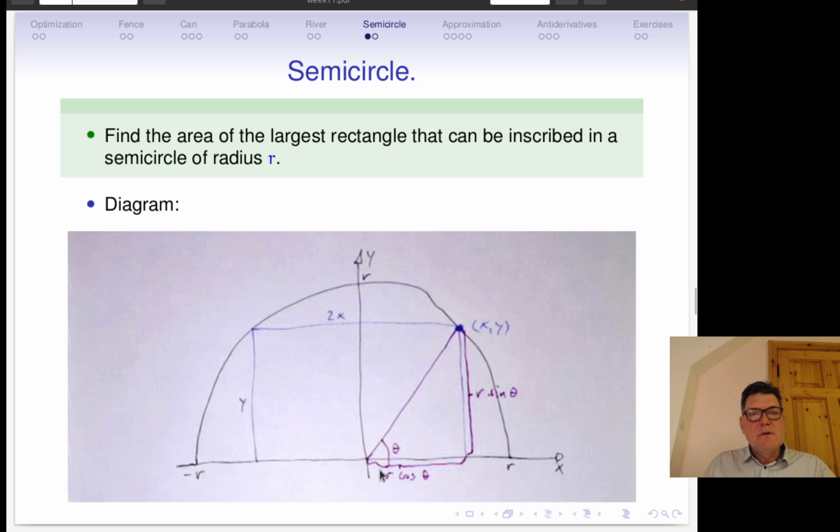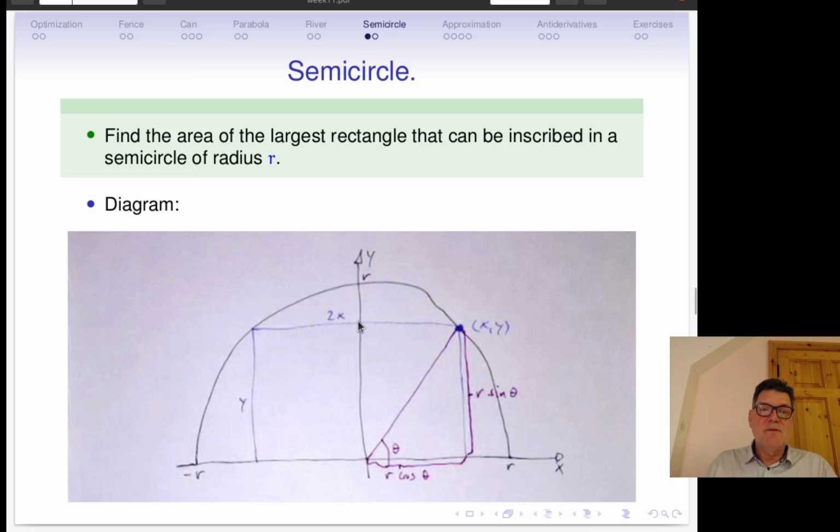In this xy coordinate plane, I pick an arbitrary point (x, y) on the circle, and this point determines an inscribed rectangle which has side lengths y here as the vertical side, and the horizontal as x on the positive side and x on the negative side.